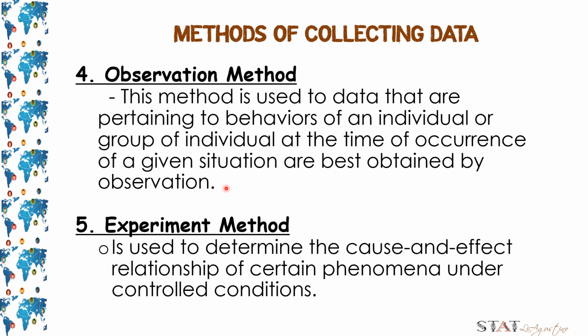For example, how children react when placed in a certain room. And then the experiment method is used to determine the cause and effect relationship of certain phenomena under controlled conditions. So from the word itself, experiment method. That's how you gather your data.